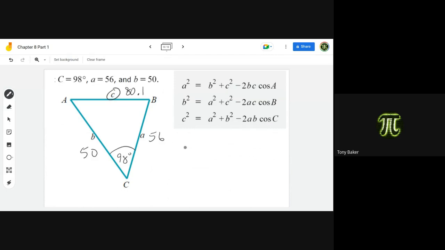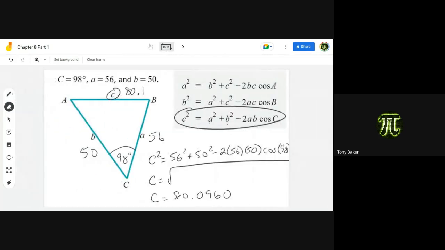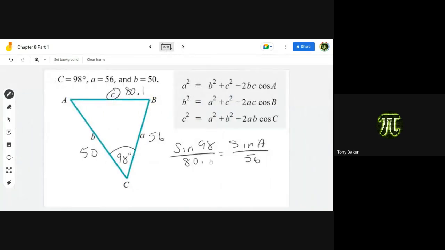All right, so now we can do our sine of 98 over 80.1 equals, which one do you want to find first? The sine of A over 56. And actually, I don't want to use that. What was it, 0960? 0960.